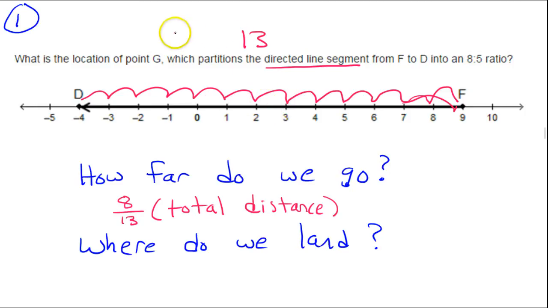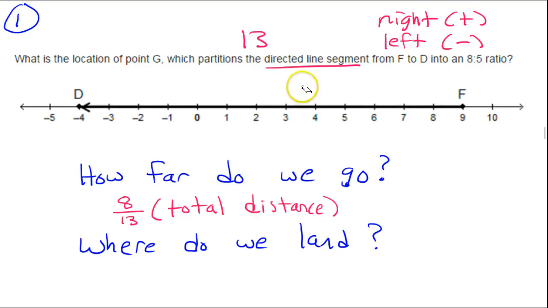If I want to move to the right, that's going to be a positive sign. If I want to move to the left, that's going to be negative. That's to capture the direction. It's a directed line segment. Normally we only think of distances as being positive numbers, but we're going to use the signs to help us know whether we're moving to the left or to the right.